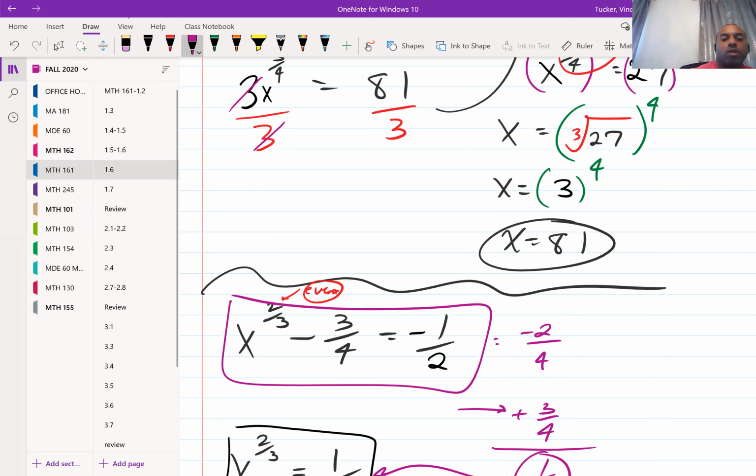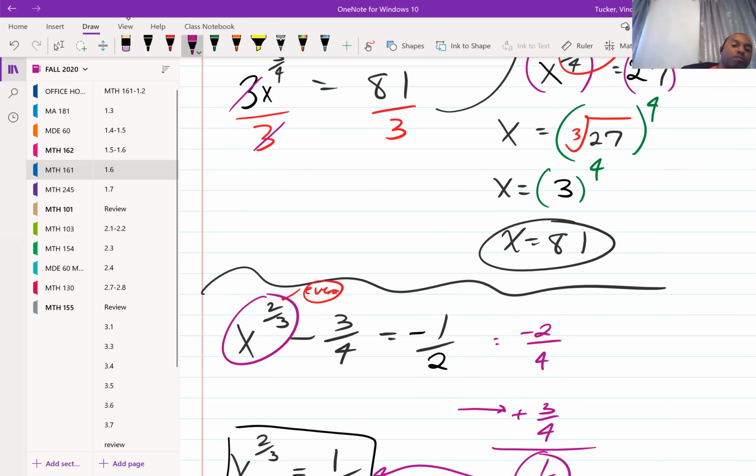So first thing we want to do, just like before, is to isolate what's being applied to by the fractional exponent. So we have x to the 2/3. We want to get that on one side by itself. So I'm going to add 3/4 to both sides of my equation.